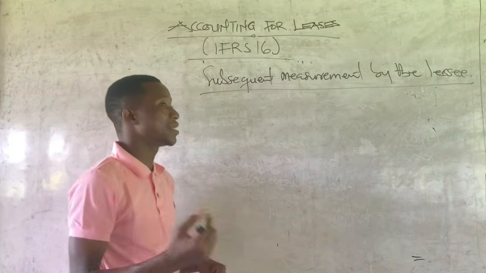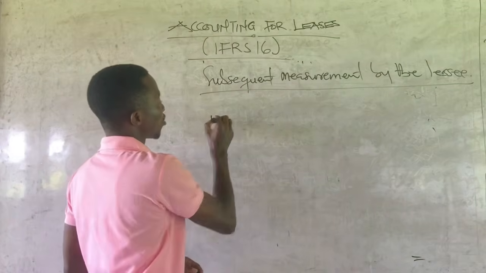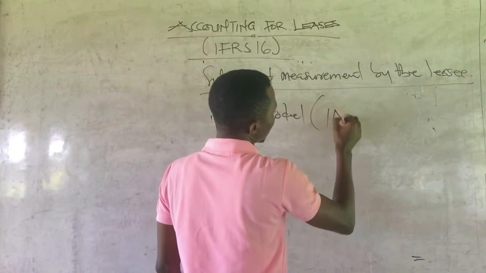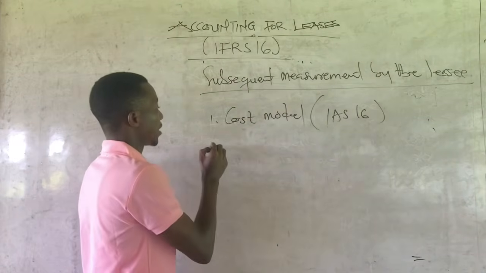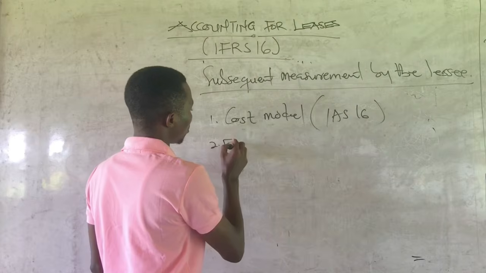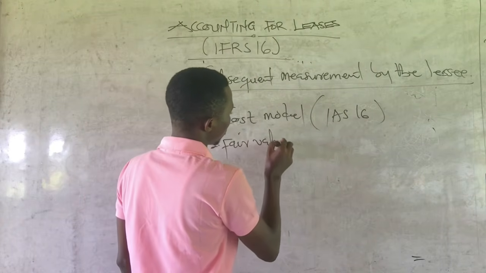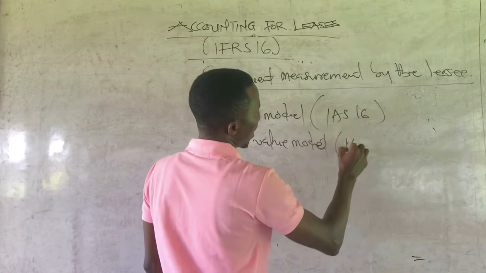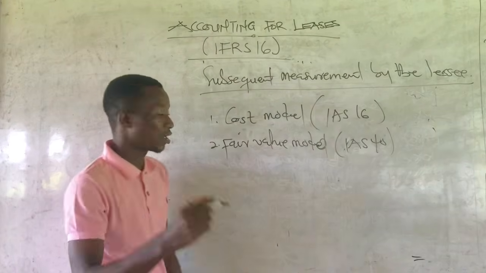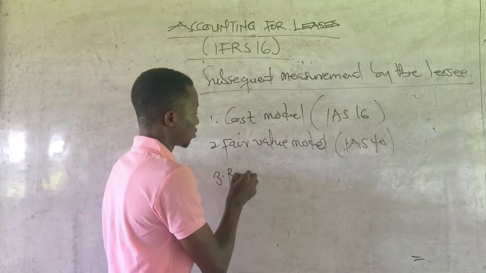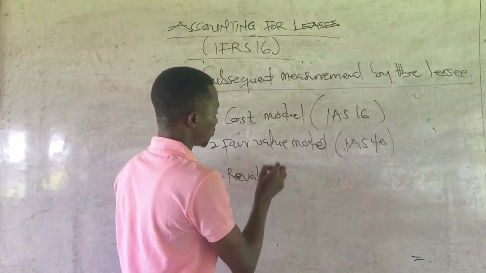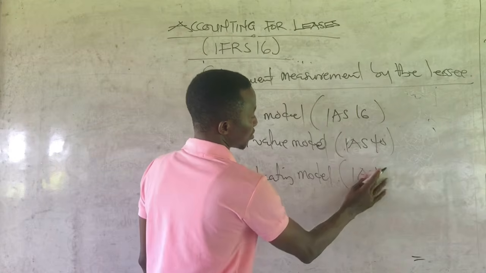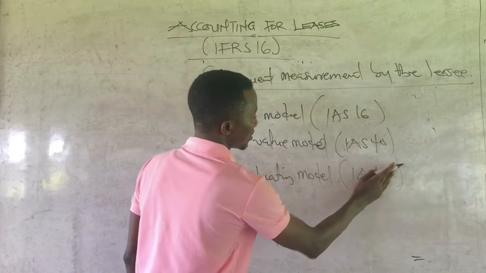The lessee may decide to do that by choosing the cost model, that is IAS 16, or by applying the fair value model, that is IAS 40, or by applying the revaluation model, that is the same IAS 16.